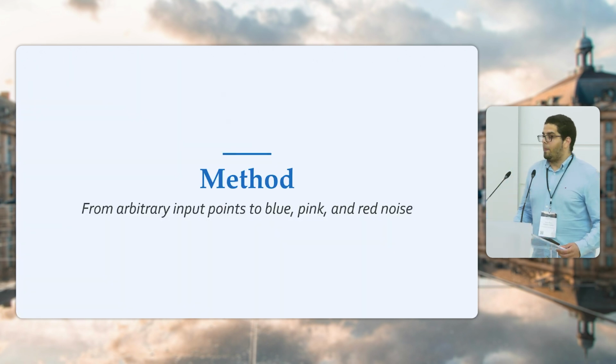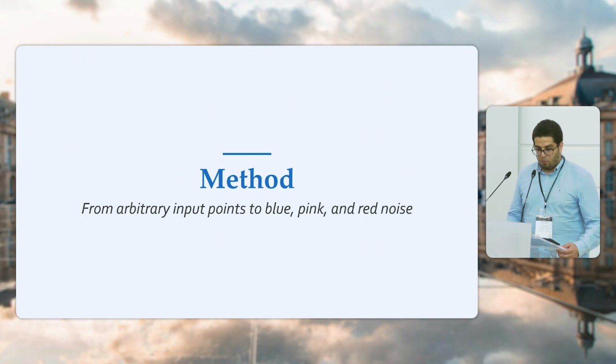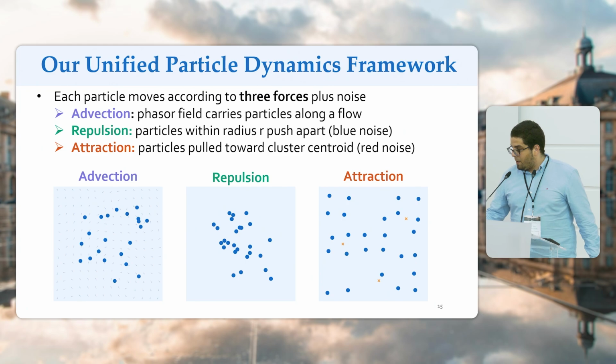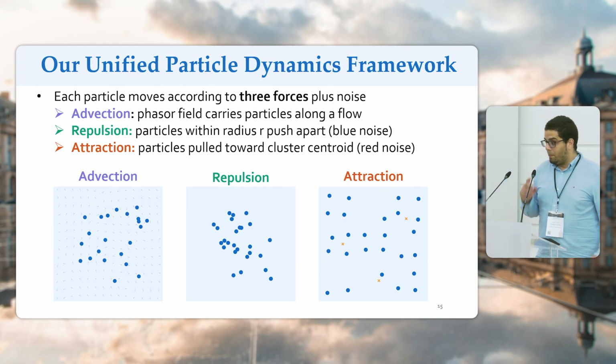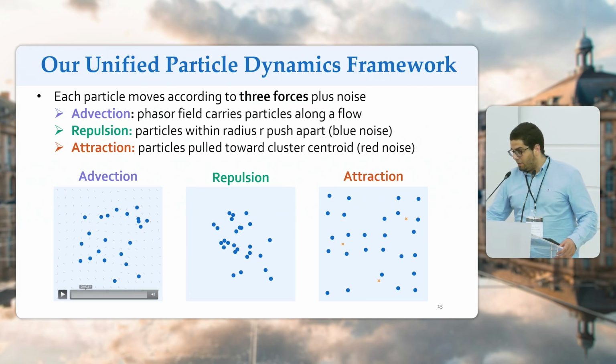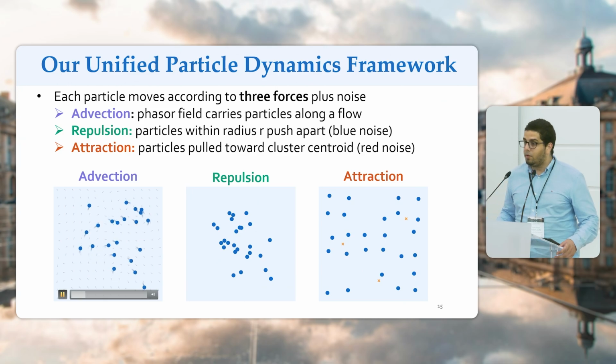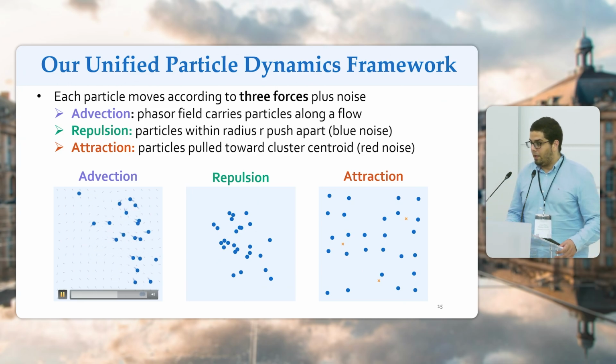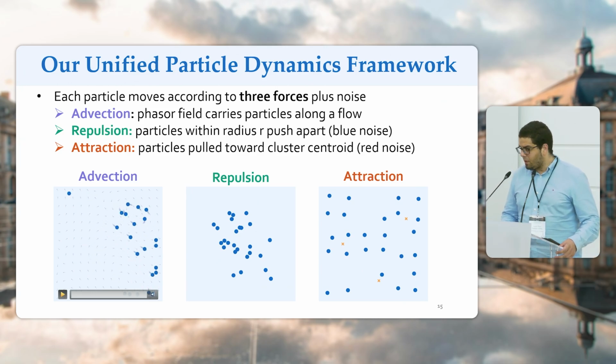Okay, so now that we have the motivation and we know the gap in the research, let's talk about the method that basically takes an arbitrary input distribution and creates this color noise output. For that, we are going to use basically three forces plus a noise, so that the noise makes a stochastic differential equation. Then we have the advection, that is basically the move of particles based on a vector flow.